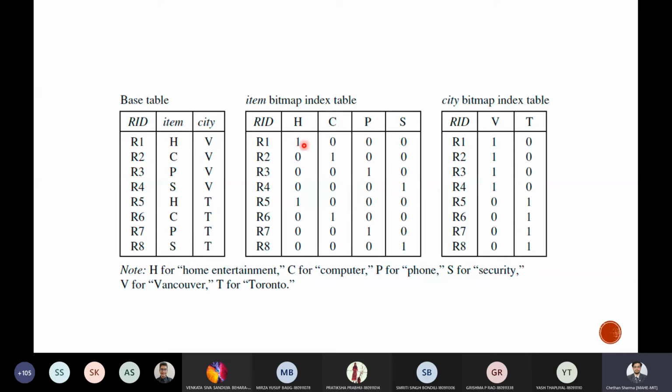H is unique here, so under R1, H will be 1. There is no C, P and S in R1, so those three are 0. This is with respect to item. Same thing you repeat for city. The number of columns will be equal to the number of unique values under that domain. Under R1 just V is there, no T, so V will be 1 and T will be 0. This is how you generate your bitmap indexing.